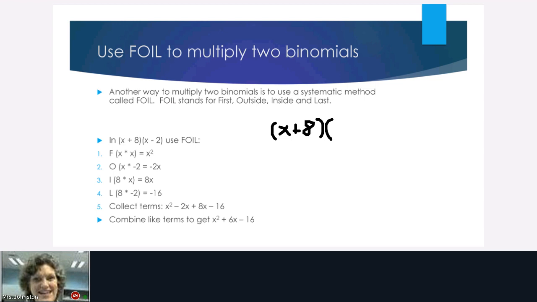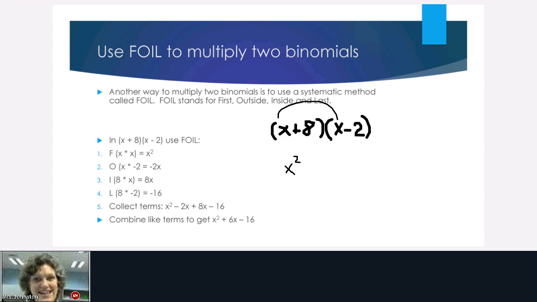So the process is to write them side by side in their respective parentheses, and determine which ones are the first terms, which ones are the inside terms, and which are outside. So first terms are x in one polynomial and x in the other. X times x becomes x squared.